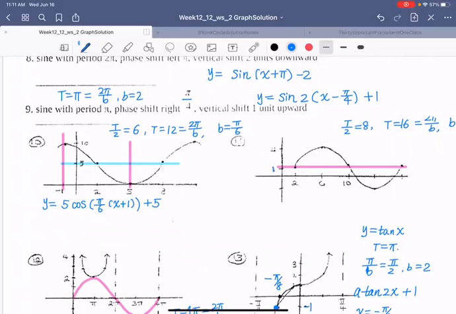If I challenge you, can you express this using sine? Can you give it a try? Okay. So y equals 5 sine pi over 6 x minus 2.